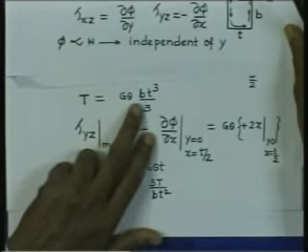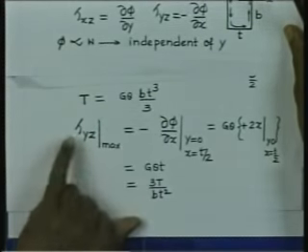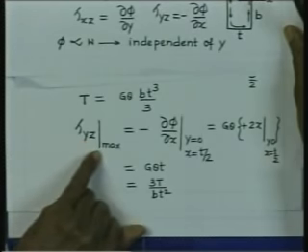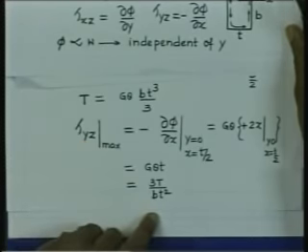So, this is how the problem of thin rectangular sections can be tackled. The angle of twist per unit length is related to the applied torque by the relationship T equal to g theta b t cube by 3, and the maximum shear stress which acts at the boundary is going to be 3T by b t square.